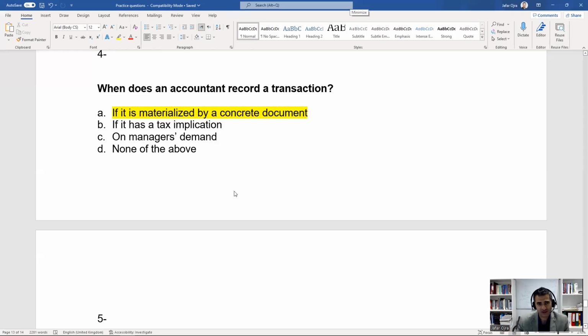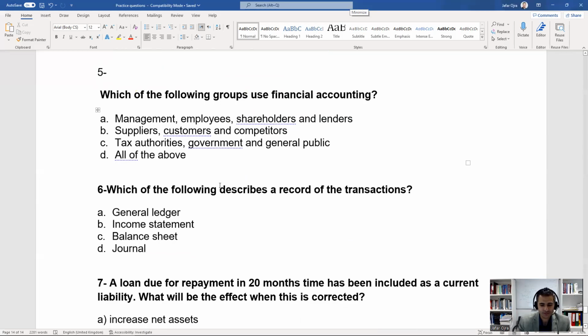It can be anything as long as there is a monetary value. For example, if you buy something from the shop, this is a transaction. If you take money from the ATM, this is a transaction. If you buy something from Amazon, or buy a drink, this is a transaction. Everything has a monetary value. Number 5.